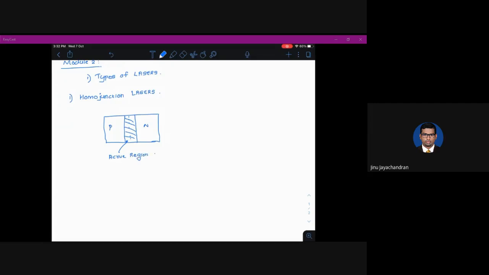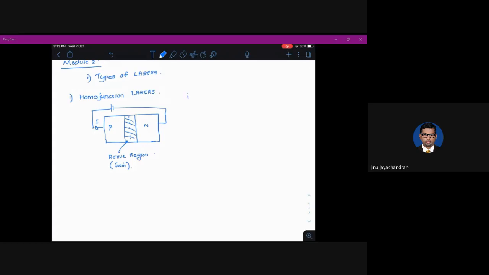Till now, we have seen that there will be two mirrors and an active region, or gain region, in between, and you pump. There is a pumping mechanism. In this case, the pumping mechanism is a forward bias diode, and the current is what is pumped.